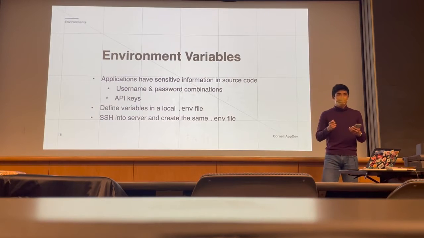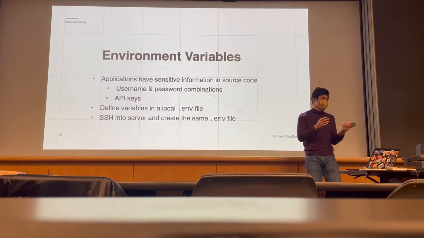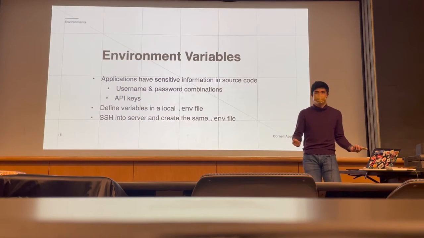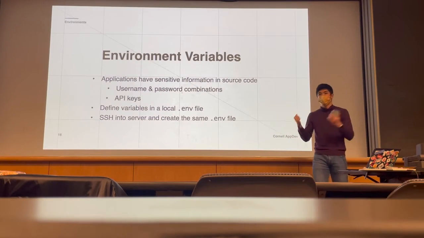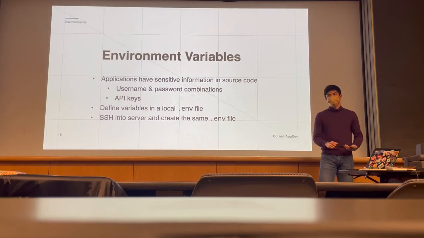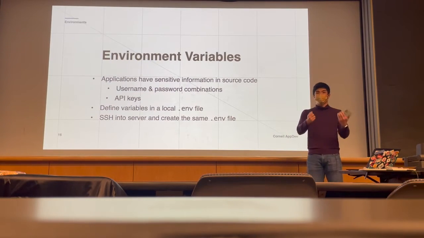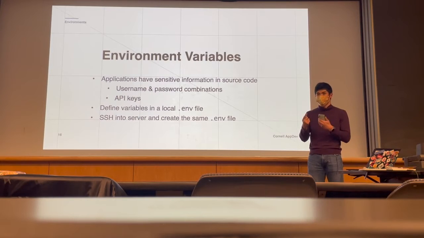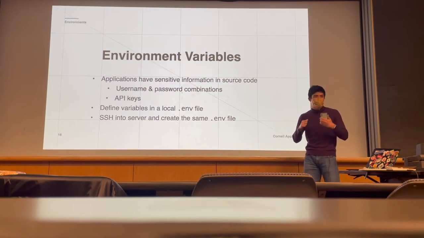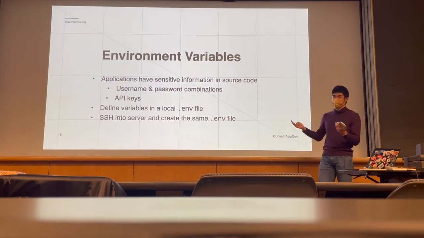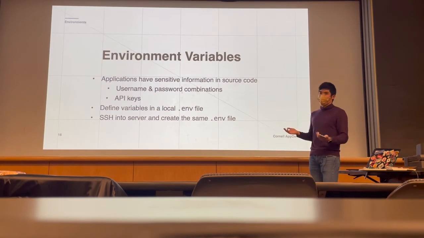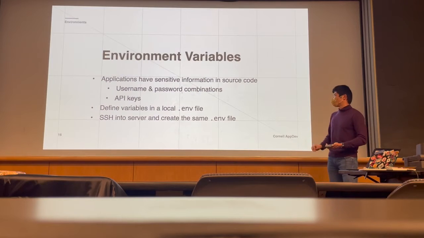The reason we have such a thing called environment variables is because, for example, SQLite 3 is a database, right? Postgres is also another type of database, but to use Postgres, we actually have to log in to Postgres to use it. That means having a username, and it means having a password. Now, do we want our username and our password to be publicly visible on GitHub? Obviously not. So our workaround for that is this thing called environment variables.